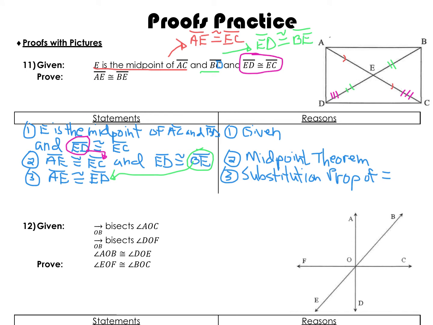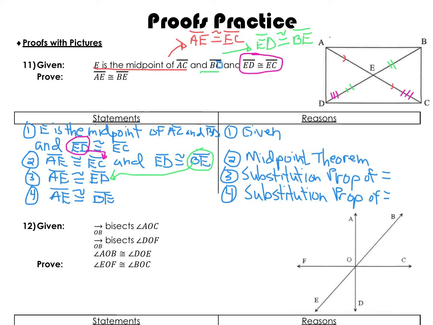So step 4, I can state that AE is congruent to BE by the substitution property of equality.